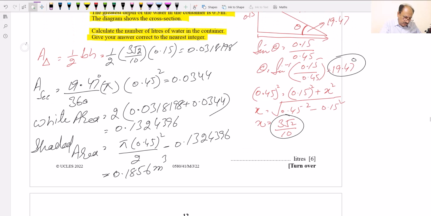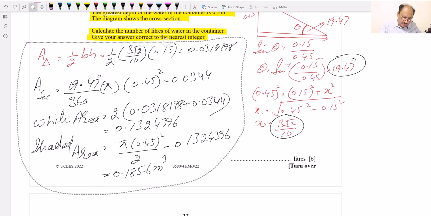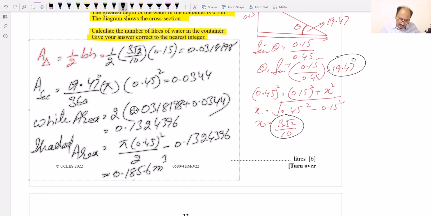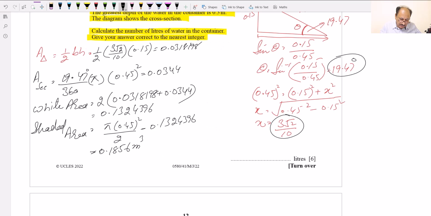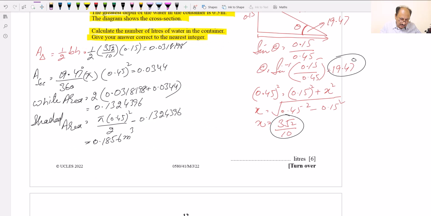So what I will do, I will just reduce this size to the readable one and make space for our working. Now we will have to convert this, so 0.1856 and multiply by, meter cube will be multiplied by 3 times 100 because each meter will be converted into centimeter cube, and we will be multiplying it by 4.